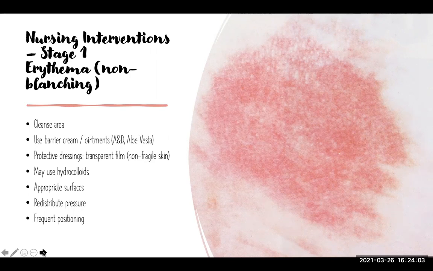You want a surface that's going to redistribute pressure, and that's what those overlay mattresses do. They're designed to distribute pressure so that there's less pressure applied to any one pressure point that the patient is lying on. That's the whole purpose of the fancy, expensive beds or the overlays that we'll put on top of mattresses. And then the best thing is to turn your patient frequently.